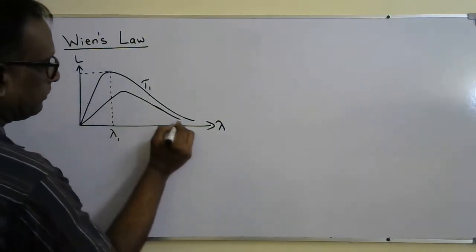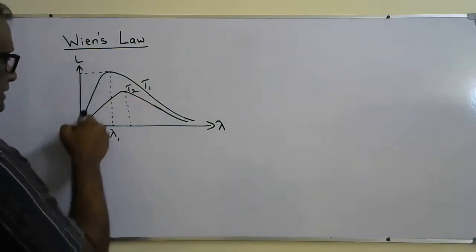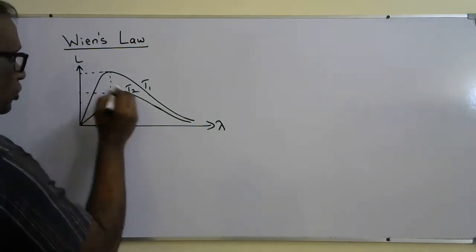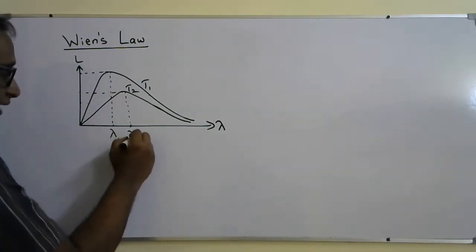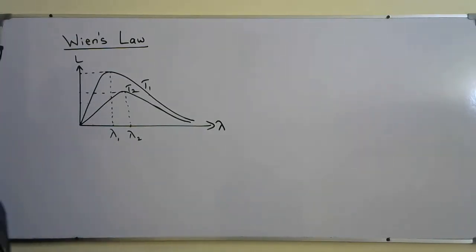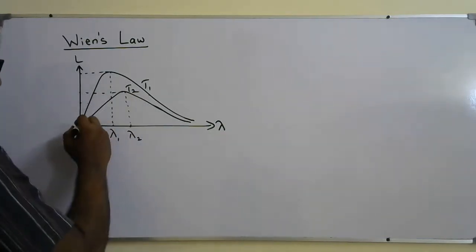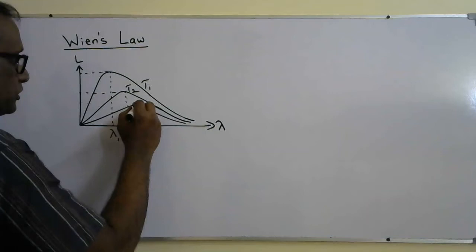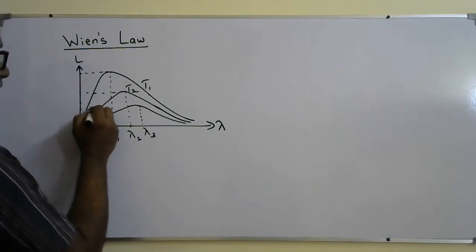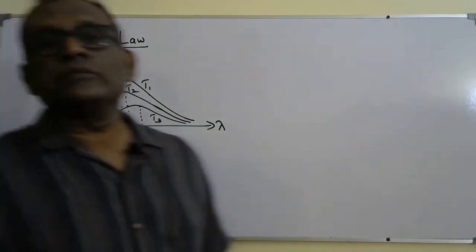At this temperature T2, there is a peak luminosity, and the wavelength that gives the peak luminosity is lambda 2. If I consider another temperature T3, which is lower than T2, the distribution will be like this. The wavelength lambda 3 gives the highest luminosity at temperature T3.